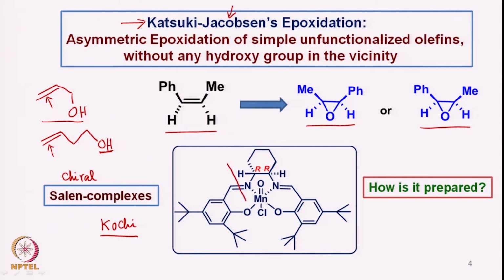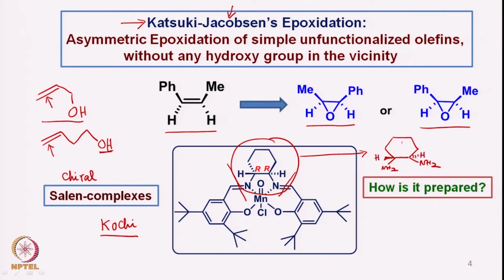So, as you can see here, we have the salen complex in which, if you look at this particular part on the aromatic part here, this is basically a salicylaldehyde derivative, and if we look at the upper part, this particular part comes from the C2 symmetry based chiral amine. So, what we have here is NH2 and here also an NH2, and of course you have hydrogen here which is beta and the hydrogen here is alpha.